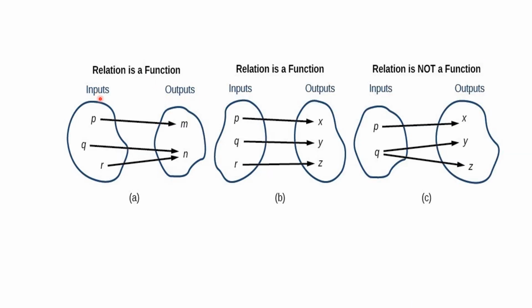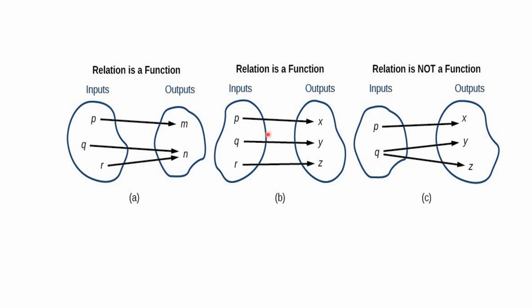Here are some relations. Are they functions or not? Observe that relation. Here input P has the image M, Q has the image N, and R has the image N. Is it a function? Yes, this relation is a function because every element has a unique image.